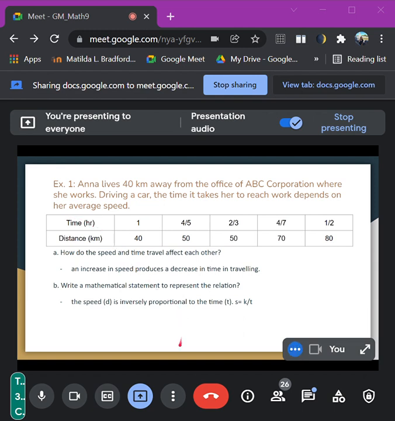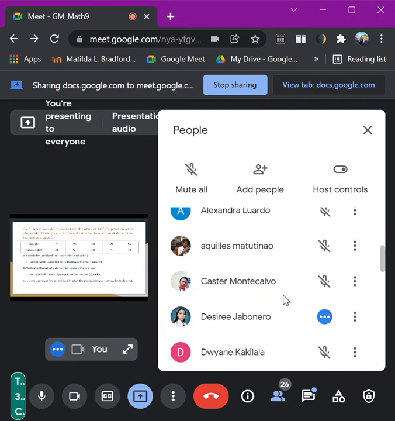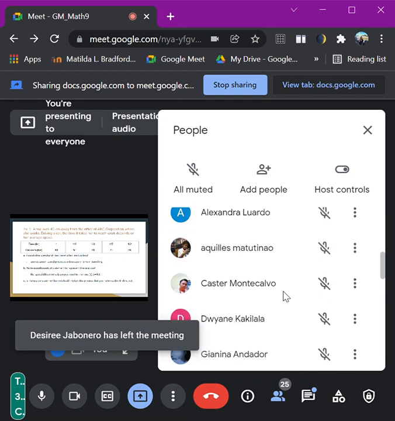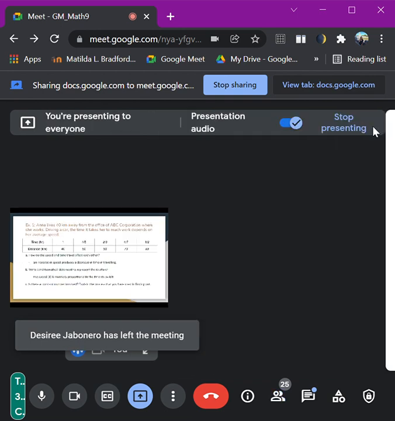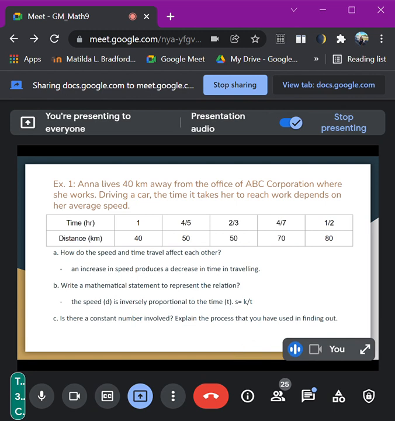Okay? And then let's proceed with, is there a constant number involved? And then explain the process that you have in finding out. So how are we going to get? Okay. So is there a constant number involved? If we're going to look at our mathematical statement or our given equation, then the answer is yes.